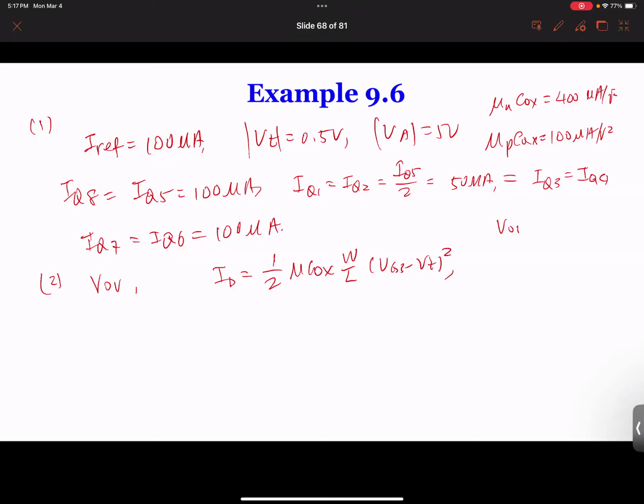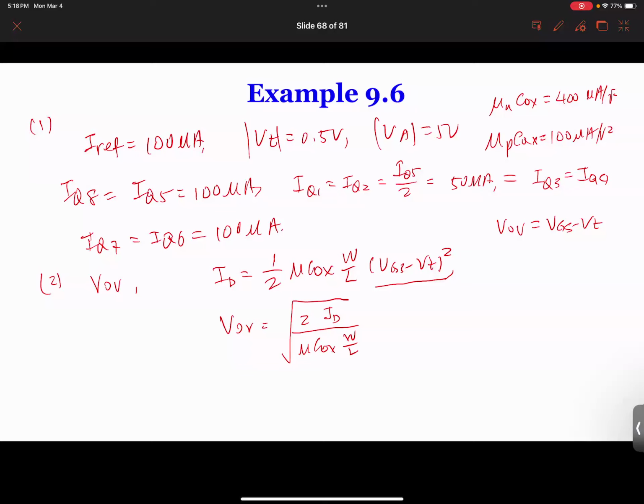Well, this VOV is equal to the overdrive voltage VGS minus VT. So this is your VOV. From here, you can say that VOV equals the square root of 2 times ID divided by mu COX W over L.